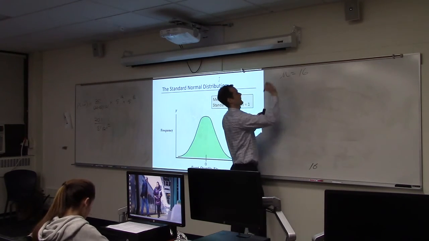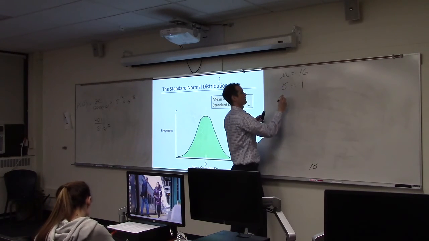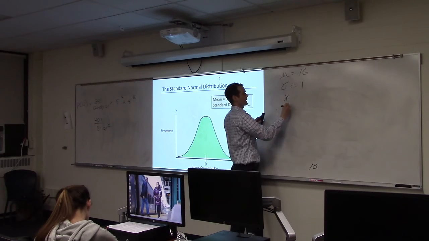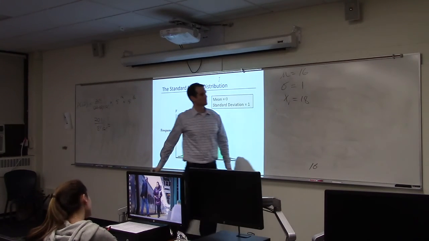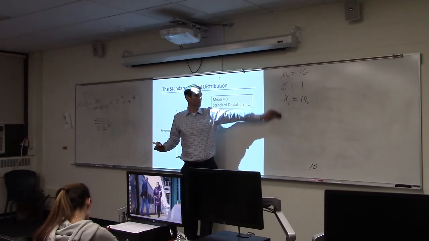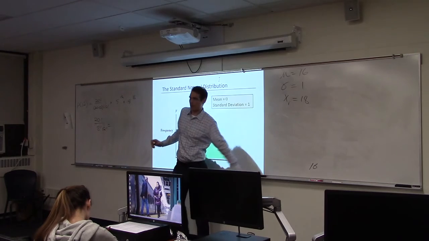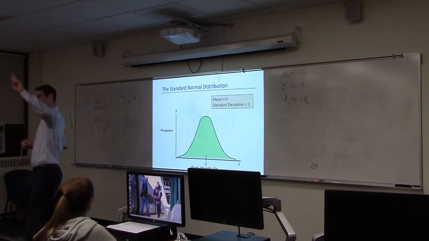The mean is 16. Standard deviation equals 1. My particular tree equals 18. How many standard deviations is that particular tree above the mean? 2 standard deviations above the mean.